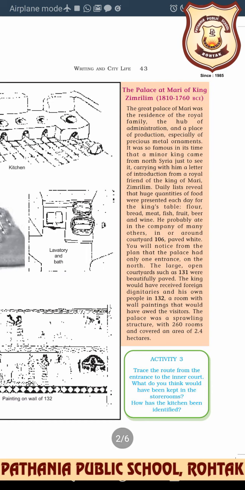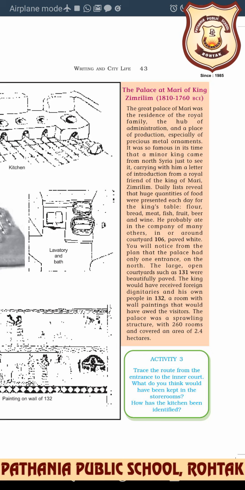produced. And this palace was so famous at the time that minor kings used to visit it, and to visit this palace they needed special permission from the king of Mari.